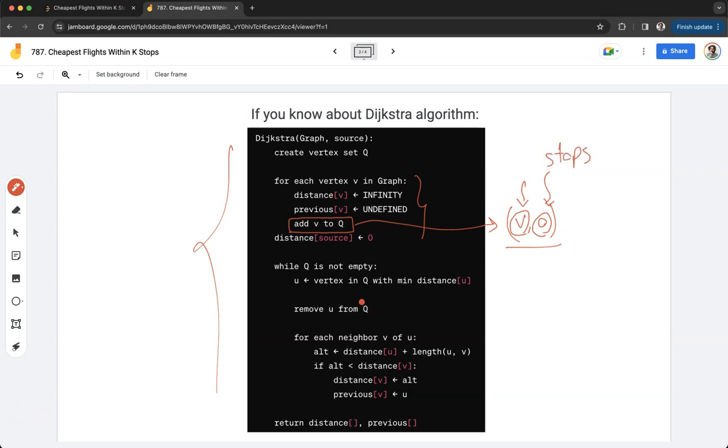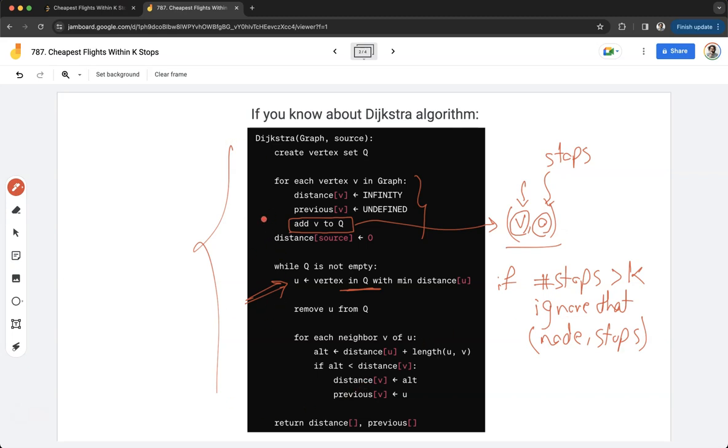Okay, and then here, when you pop them from the queue, if number of stops is greater than k, you ignore them. You just ignore them. So the pair that you just popped from the queue, you just ignore it. That's it. And then you have your answer.